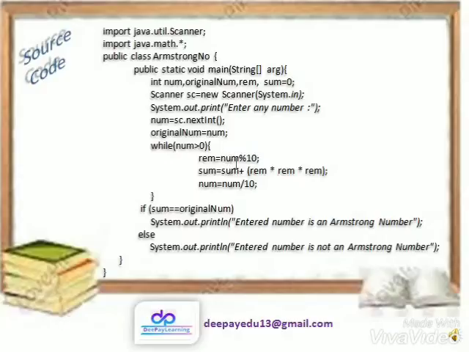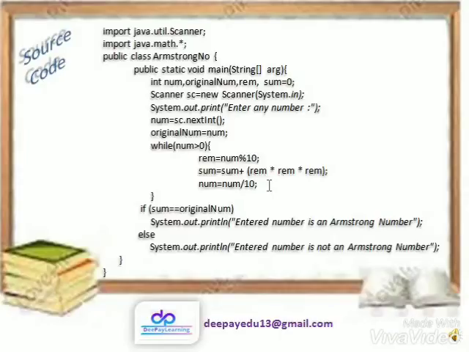So we have written rem equals num modulus 10. This will give us the remainder. Then the remainder is powered by 3 and added to the sum, that is sum equals sum plus rem into rem into rem. We can also directly use the Math.pow inbuilt function instead of rem into rem into rem.